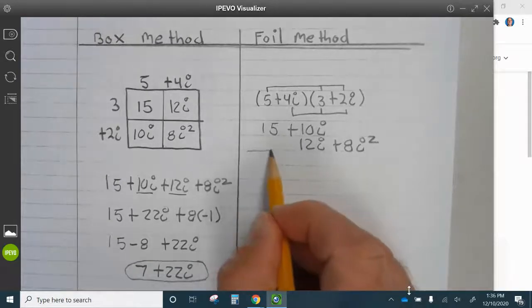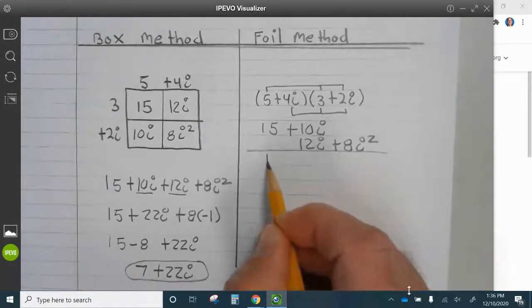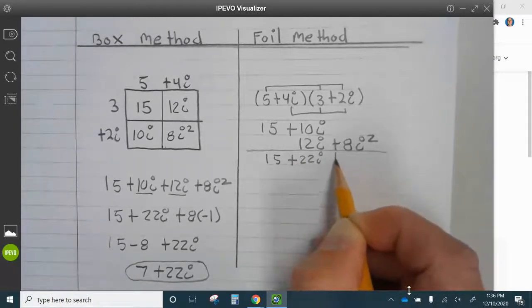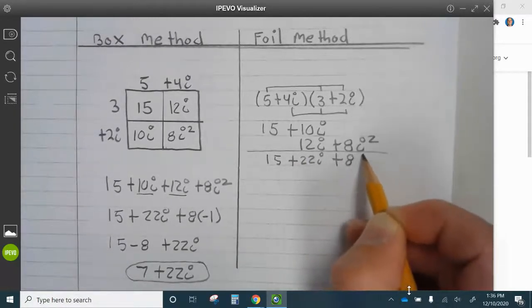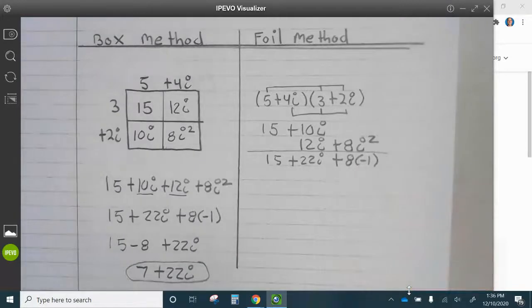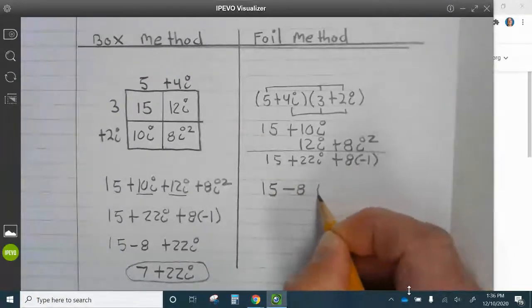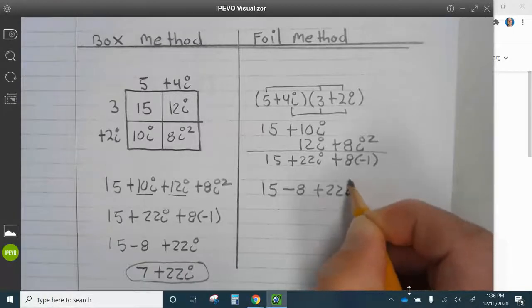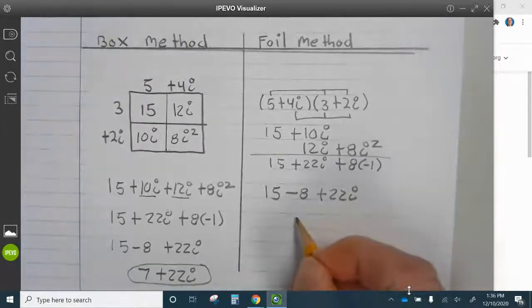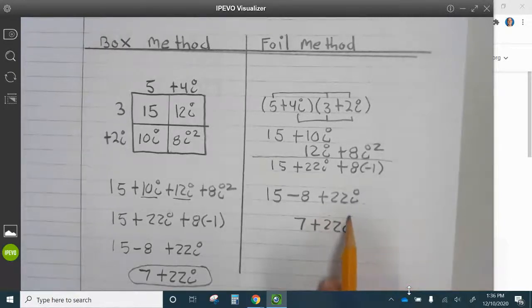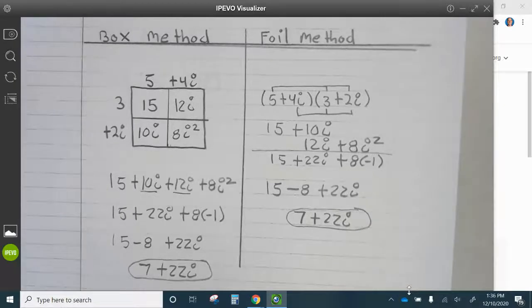Well, that's 15 plus 22i plus 8i squared is negative 1. So then we have 15 minus 8 plus 22i. So then that's 7 plus 22i. Okay, go ahead and head over for question 13.